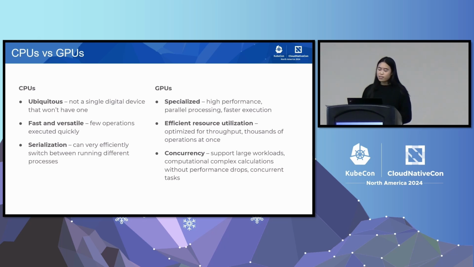They're specialized processing units, really optimized for performance, parallel processing, throughput, running thousands of operations at once, concurrently, even if they are repetitive operations. Additionally, CPU processes are serialized, whereas GPU processes run concurrently. So if a GPU is given a task, it'll subdivide it into thousands of smaller tasks and then process them at the same time, concurrently.